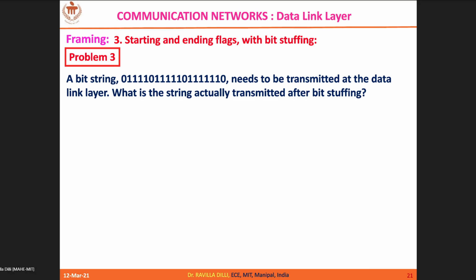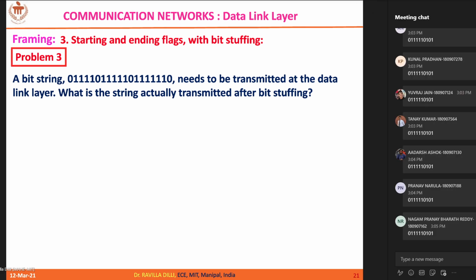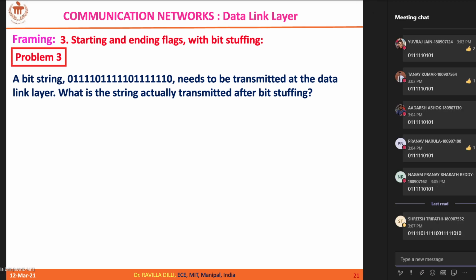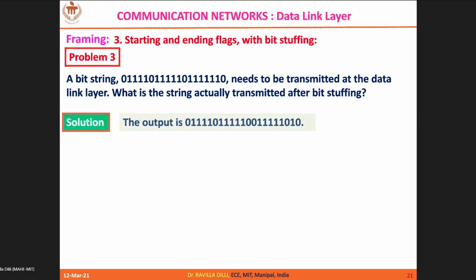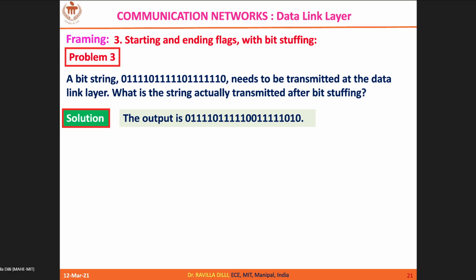But for the framing part, the delimiters should be flags. In the case of byte stuffing or character stuffing, the flag should be there at both ends, meaning a flag character, whatever it may be. And when you come to bit stuffing, the same flag pattern, which is 01111110, should be the boundaries for the frame.